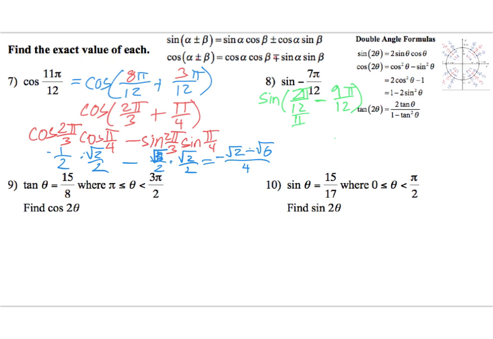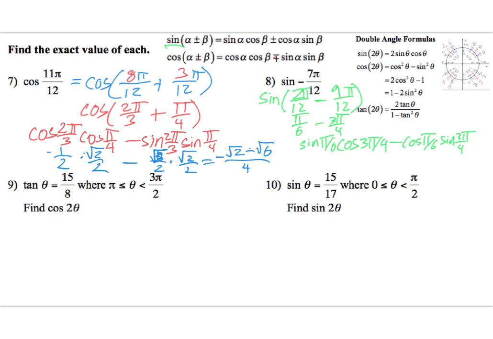That's going to be pi over 6 minus 3 pi over 4. Using my formula up here, we've got sine of pi over 6 cosine of 3 pi over 4 minus cosine of pi over 6 sine of 3 pi over 4.